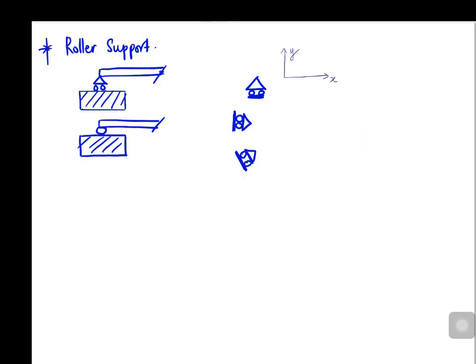For the horizontal roller support, there is one reaction, that is, a force in the y direction. It is similar for the vertical roller support and inclined roller support. There is one reaction associated with the roller support, that is, the force in the direction perpendicular to the support surface.